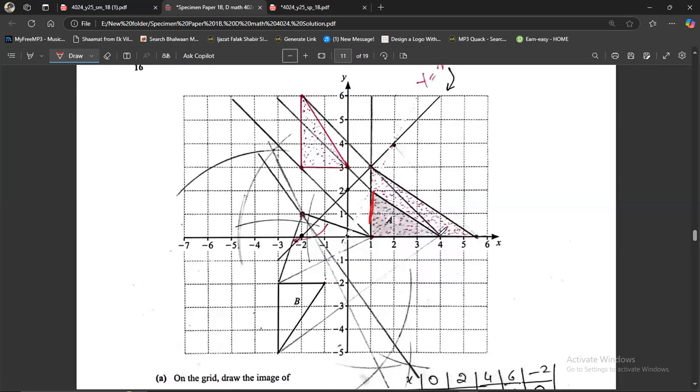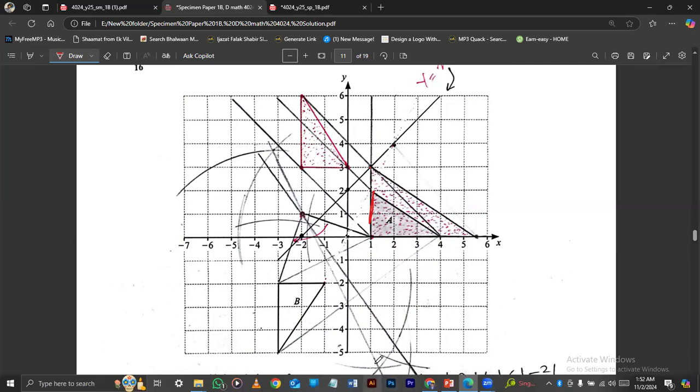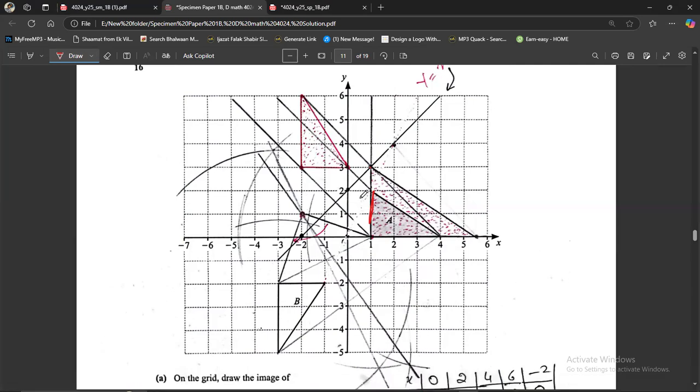Then I will join this point and this vertex, and then I will draw the perpendicular bisector of that line. By mistake, I was pointing to this. And from this point, I draw this arc, and from this point, I draw this arc.